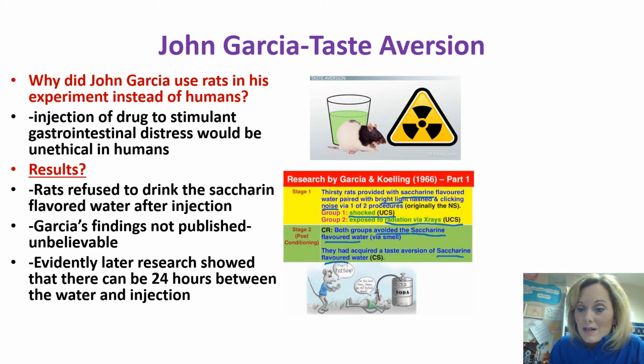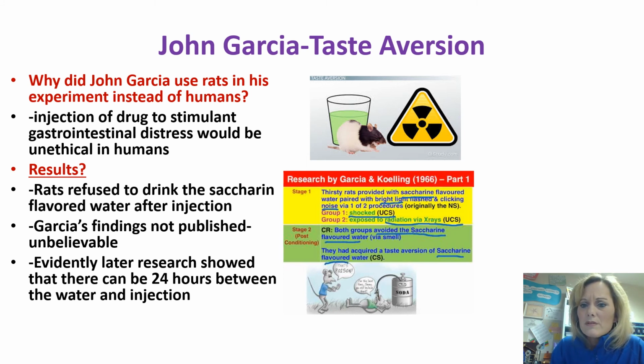But in his study, he had the rats drink saccharin water, which is a sugary water they love. Then he injected them with a drug that stimulated gastrointestinal distress, just like me eating a salad and getting a virus. And then the rats refused. They paired the feeling of being sick with the drinking of the water.